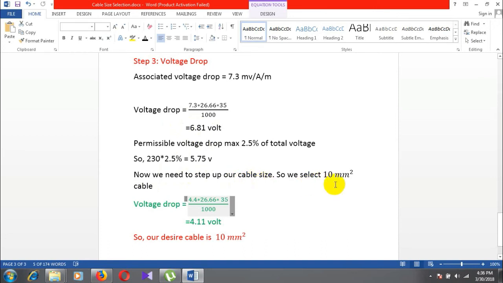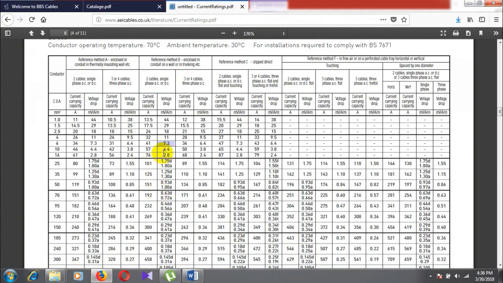So we select 10 mm square cable. One step up is 10 mm square cable. A 10 mm square cable can carry 57 ampere. That is much higher than our required ampere, so it is okay.